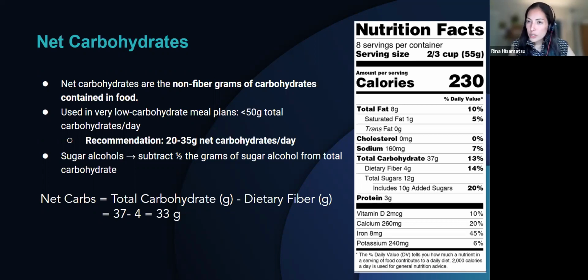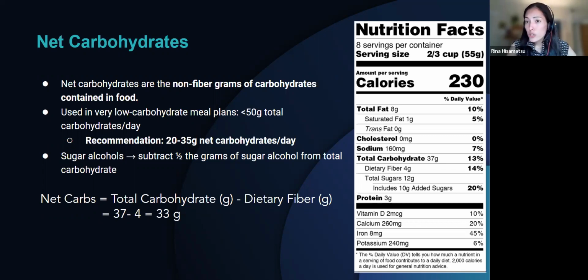At MCT2D, we use the concept of net carbohydrates for very low carbohydrate meal plans. That is defined as less than 50 grams of total carbohydrates a day. This actually helps to encourage an abundance of foods that contain dietary fiber. So that includes things like non-starchy vegetables, nuts and seeds, and avocados.